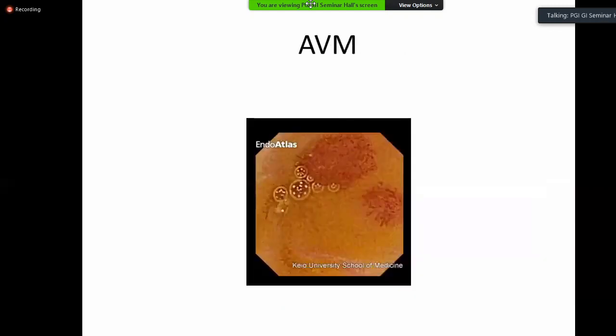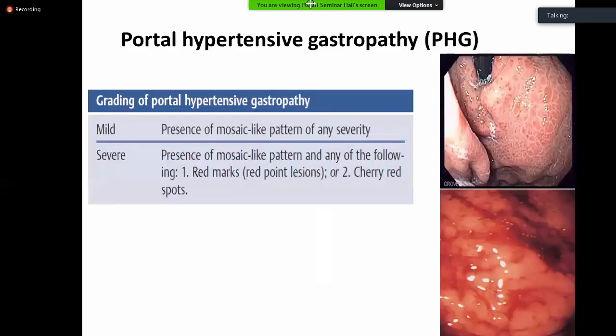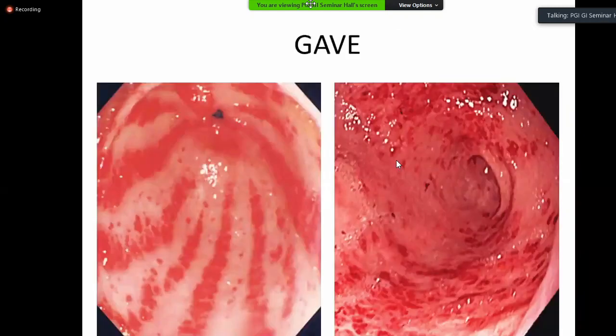Now, capsule endoscopy can also pick up such lesions. This is an example of the frond-like lesion in the small bowel. And part of the vascular lesions is portal hypertensive gastropathy, which we all know. The classical is the mosaic pattern. And this may be associated with red marks or cherry red spots.